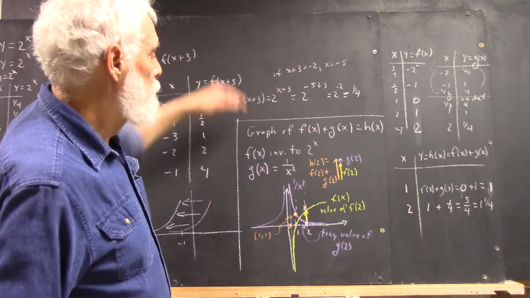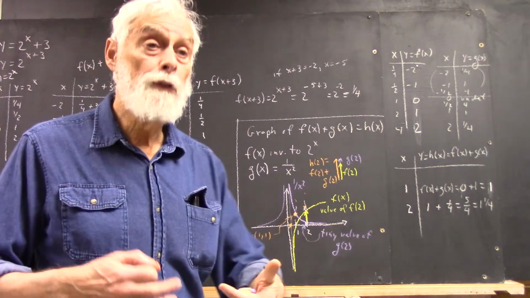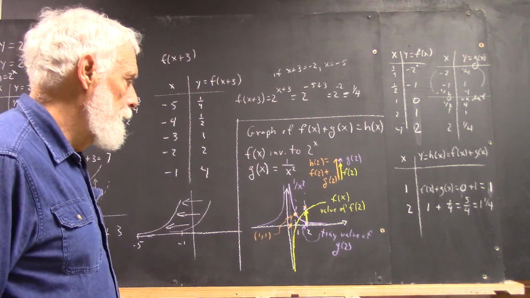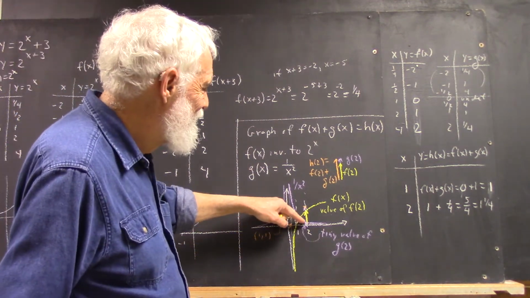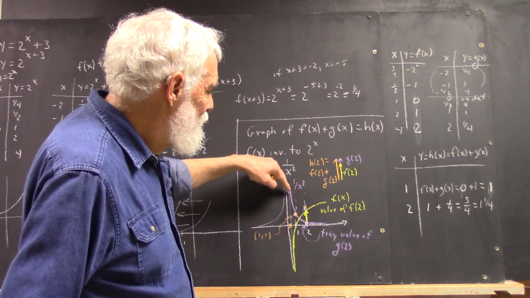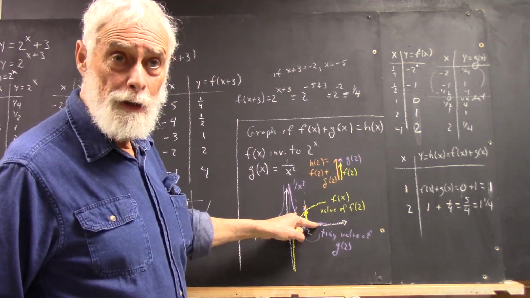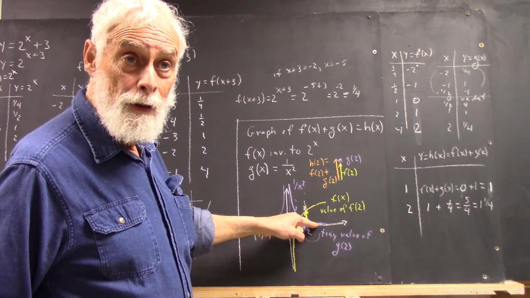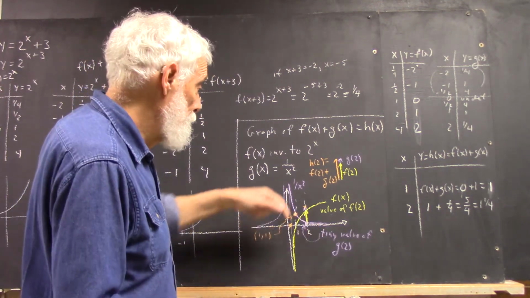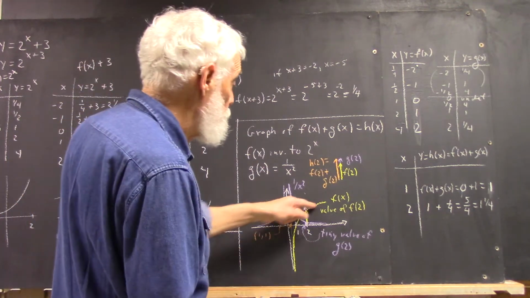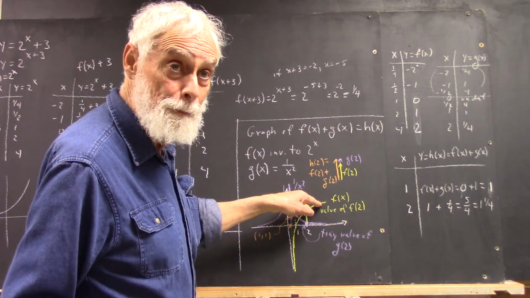So let me illustrate this just for a couple of arbitrary functions where it's going to be easier to see. But before I do that, let's just say, okay, as x gets bigger, the value of this function gets really tiny, right? Which means that the values of h of x, which I'm depicting in orange, are going to be pretty close just to the values of f of x.